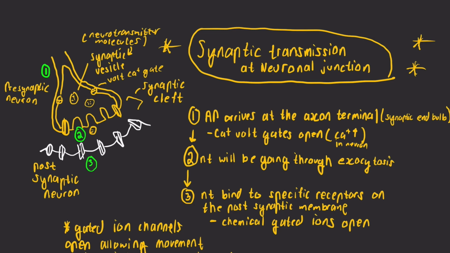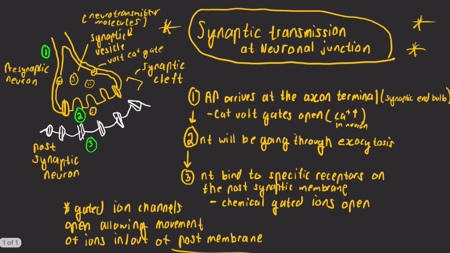Step three. As the neurotransmitters have been released across the synaptic cleft and are now going to the postsynaptic neuron, they will bind to specific receptors. So the neurotransmitters will bind to specific receptors on this postsynaptic membrane, which are chemically gated ion channels.